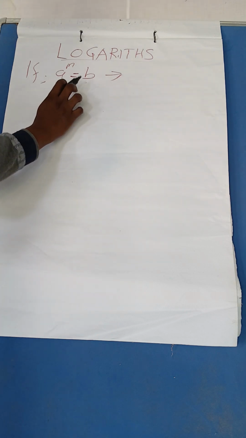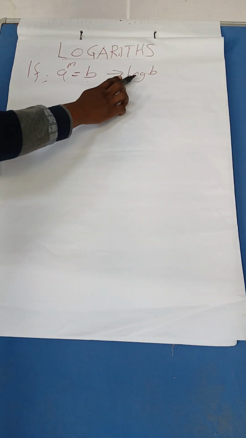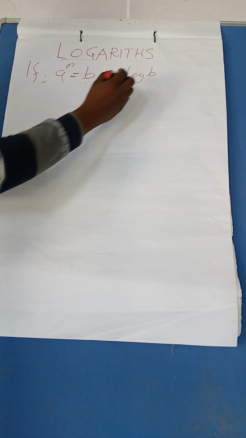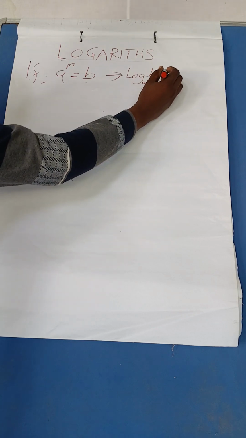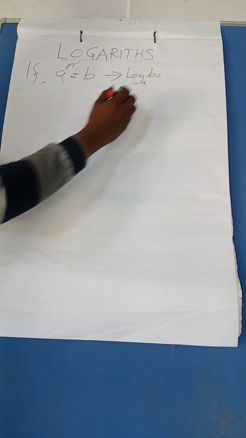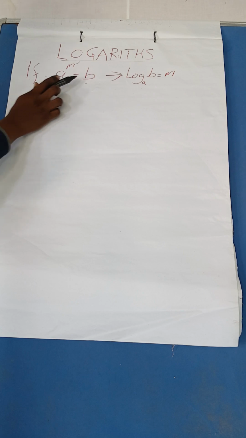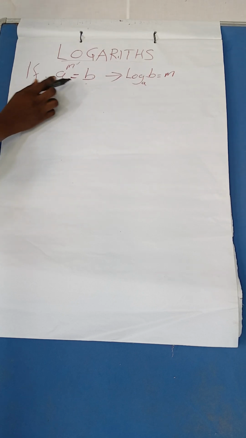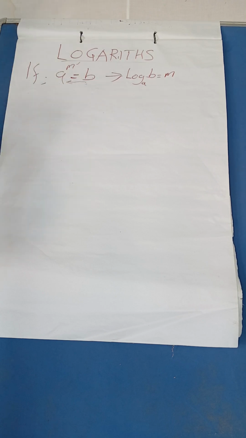It will be log b to base a, where the base appears down there. Then it equals that m that is in power form. So log b to base a is equal to m. That is how we put it in logarithm form.